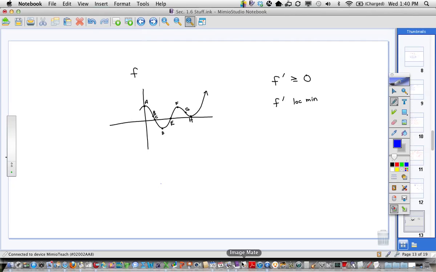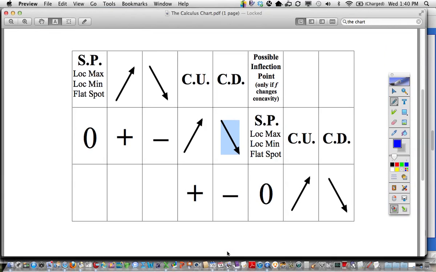Now, not if you have the chart in front of you, right? This is one where the chart can become very helpful. What does F prime look like if it's a local minimum? Like a U, right? It goes down then up.